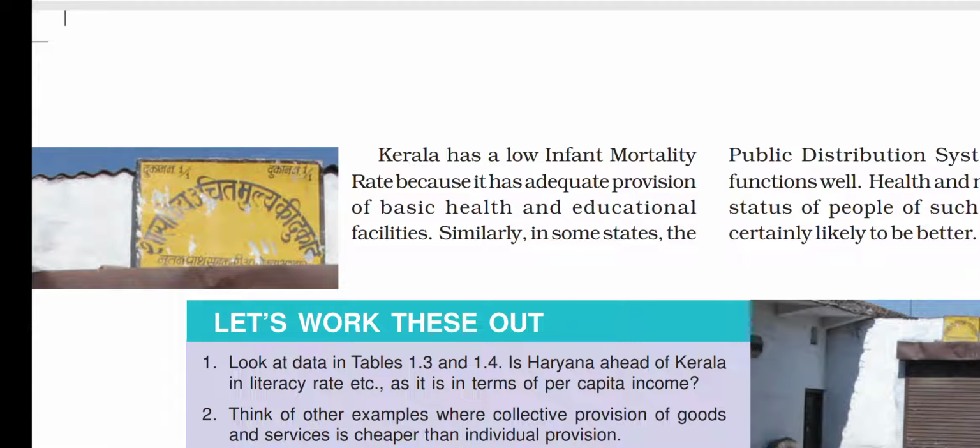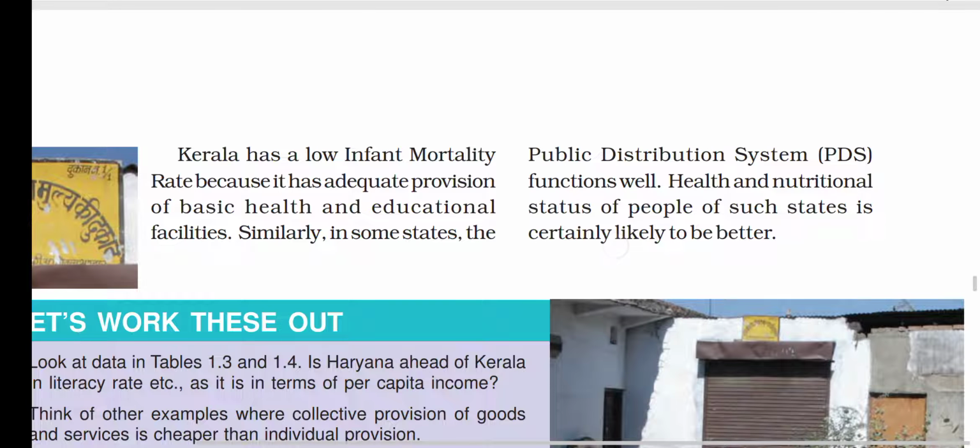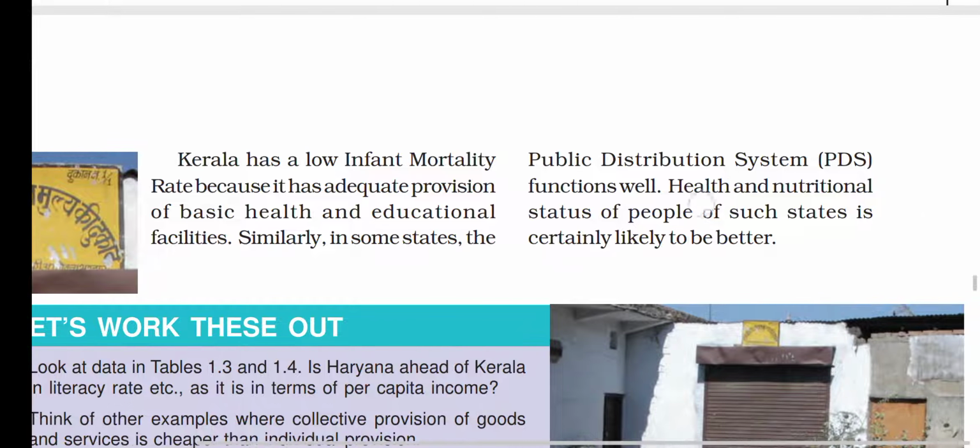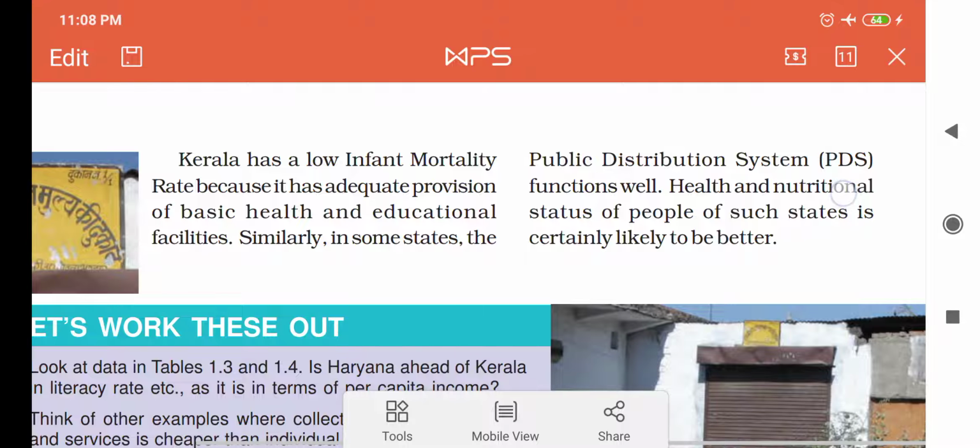Okay, Kerala has a low infant mortality rate because it has adequate provision of basic health and education facilities. Similarly, in some states, the public distribution system functions well. The health and nutritional status of the people of such states is certainly likely to be better. A place where the infant mortality rate is low, we can make out the medical facility in that particular state or particular country is developed.